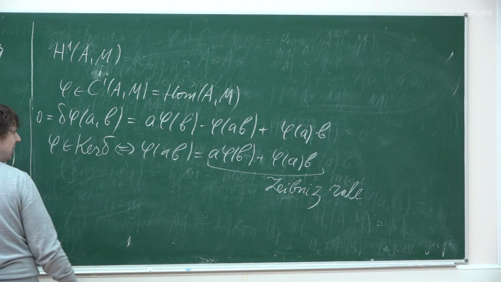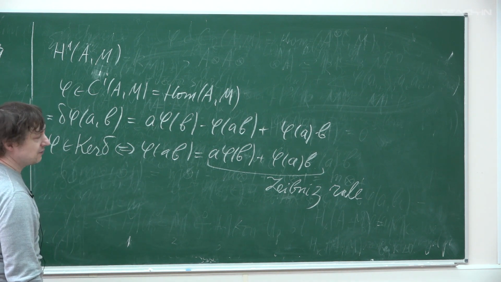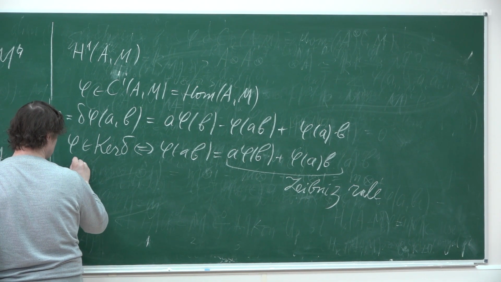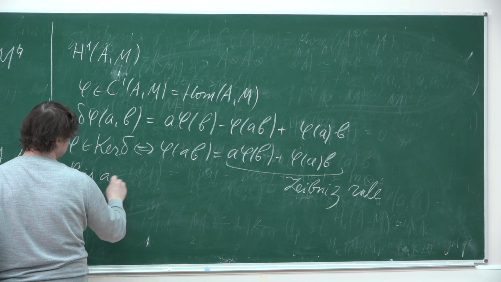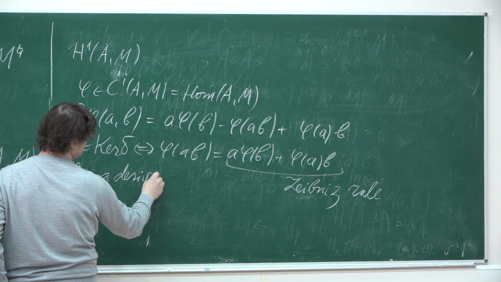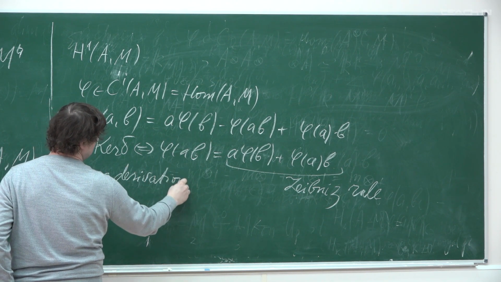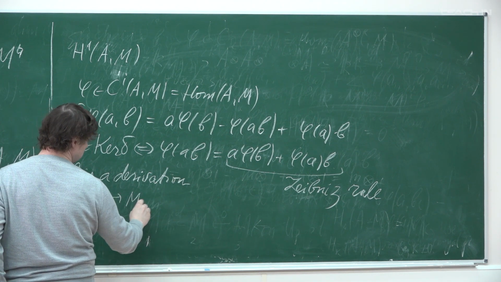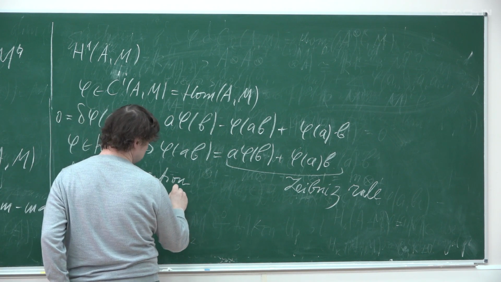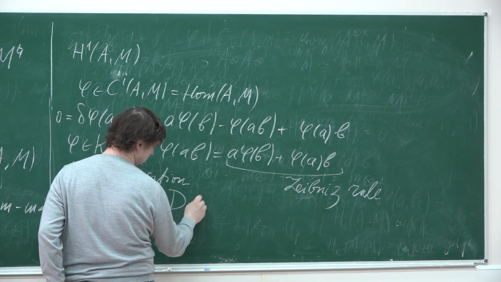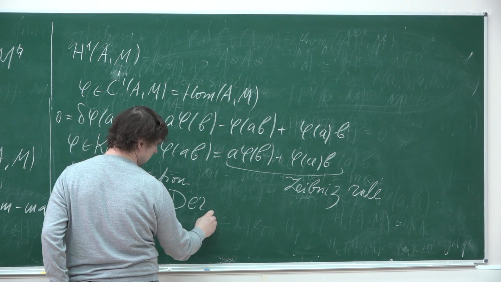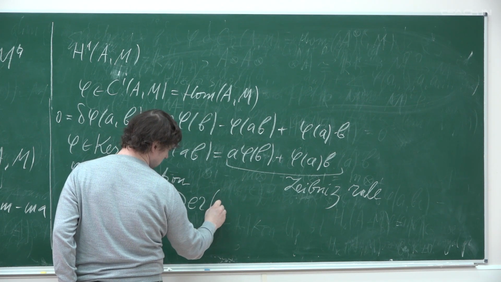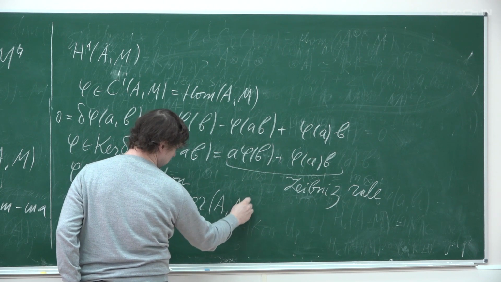The map which verifies the Leibniz rule is called a derivation from A to M. So phi is a derivation from A to M. The space of derivations is usually denoted by Der(A, M).